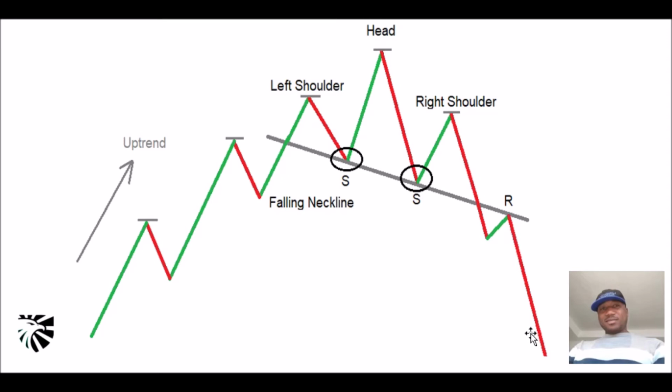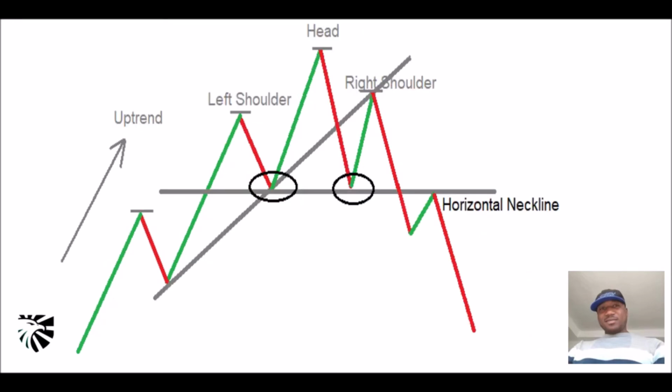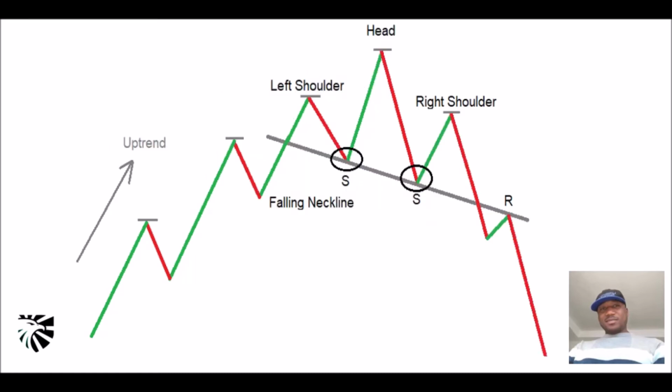So this is a good indication when you have a fallen neckline or a horizontal neckline. You want to consider this a low risk and high reward ratio. You want to jump in, but you don't want to jump in when you have a rising neckline. So you want to consider horizontal and fallen necklines as your low risk, high reward ratio.